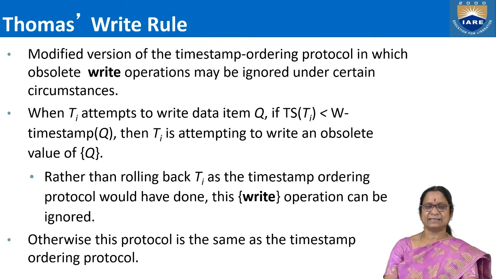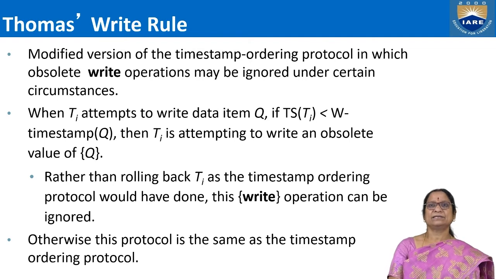To avoid these things, we consider the Thomas Write Rule, in which the transaction timestamp is less than the W timestamp of the respective object. Then instead of rolling back, we ignore the attempt to write an obsolete value.